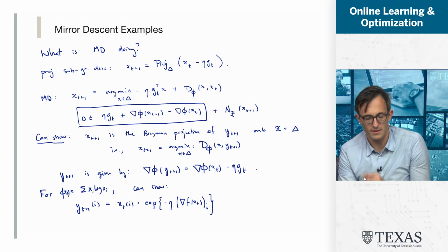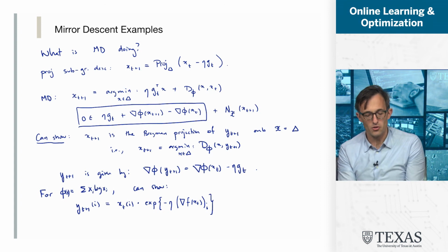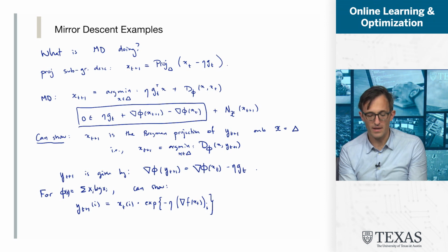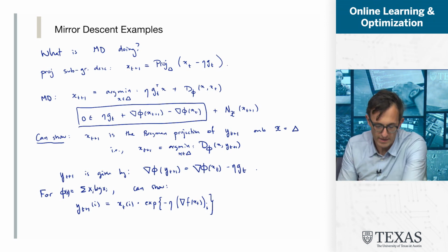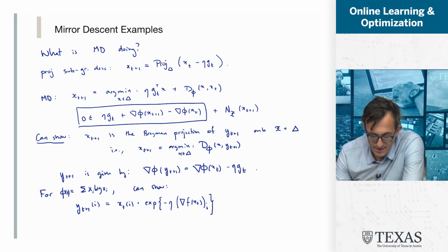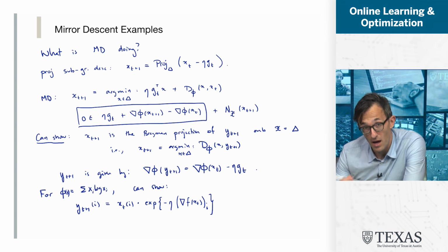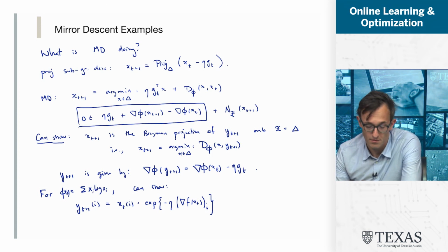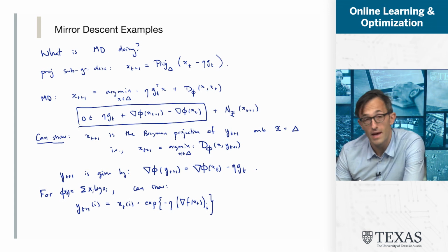Okay, so let's see what this interpretation is. The ith element of yt plus 1 is the ith element of xt times something. Let's look at what that something is. It is e to the minus eta times that ith element of the gradient. So this is telling us that if the gradient is positive, then we should shrink xt in order to get yt.